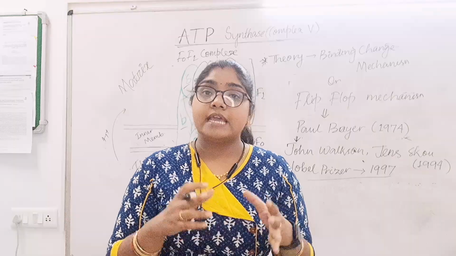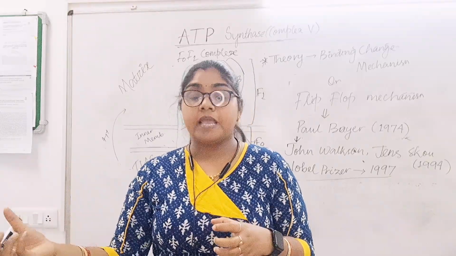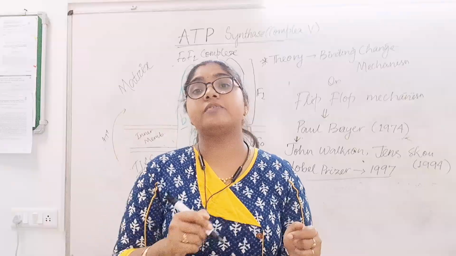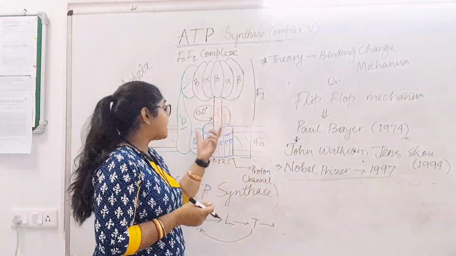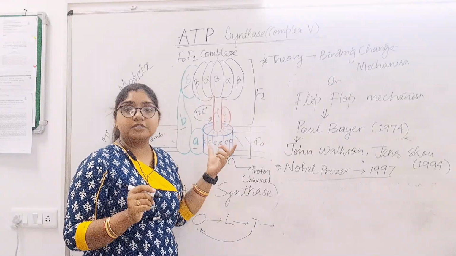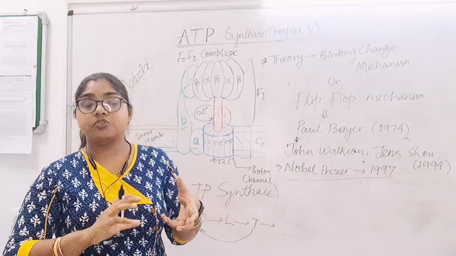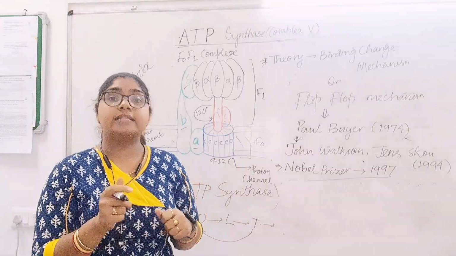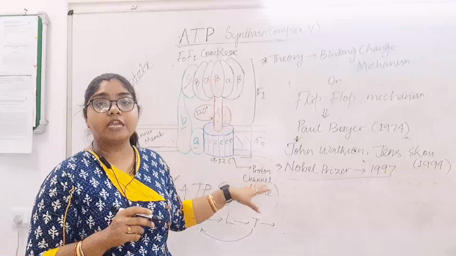In the tense state, it converts the ADP and inorganic phosphate to ATP. And again, that tense state converts to the open state when the gamma stalk rotates 120 degrees in the counterclockwise direction, converting the beta conformation to the open state, and there it releases the ATP. That is the mechanism of ATP synthase.